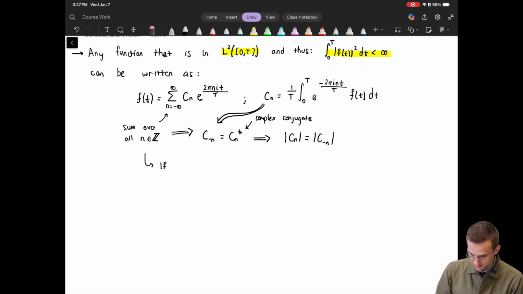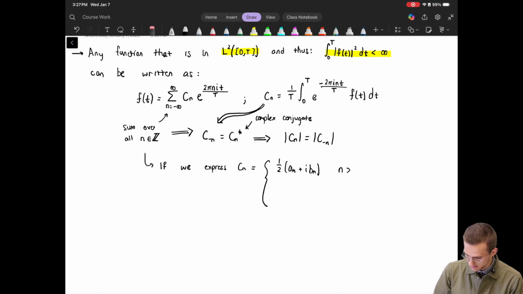So if we express Cn as the following, where we have 1/2 (an minus i bn) for positive n, and 1/2 (a absolute value of n plus i b absolute value of n) for n less than 0. Sorry, the first line should have a minus sign: an minus i bn, and this should be an plus i b absolute value of n for n less than 0. And then we have a naught over 2 for n equals 0.